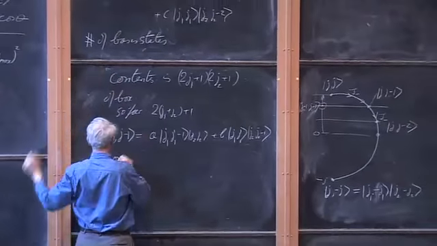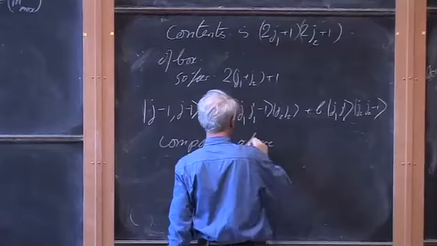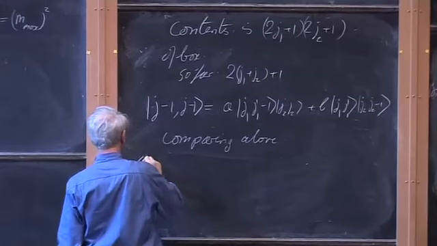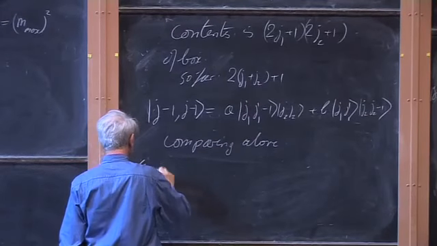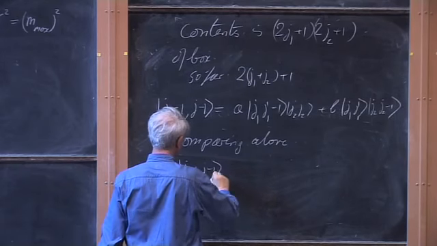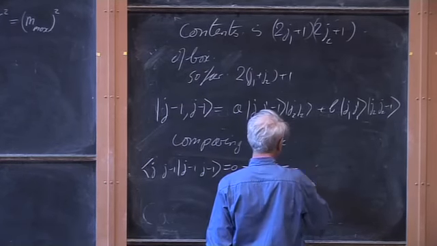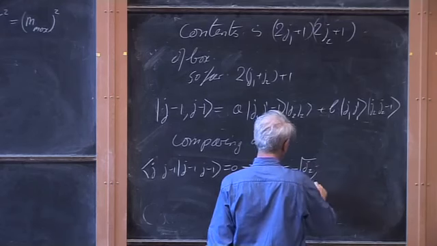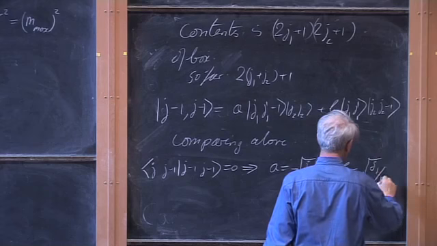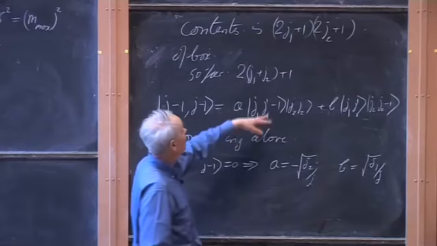So comparing above, you can see by inspection the condition that the overlap of this state with J, J minus 1 equals naught implies that A is equal to minus the square root of J2 over J, and B is equal to the square root of J1 over J. If you put in these choices for A and B, you found a state which is orthogonal to that.